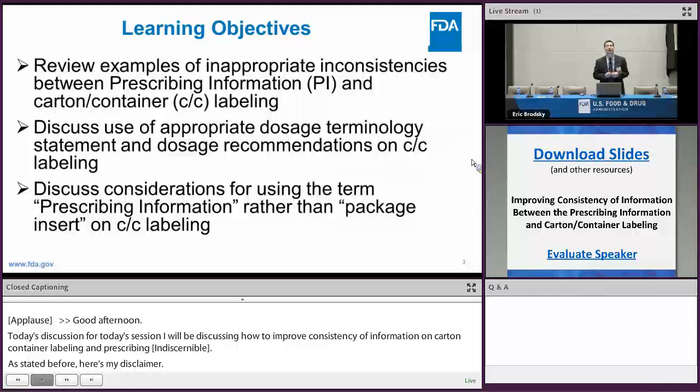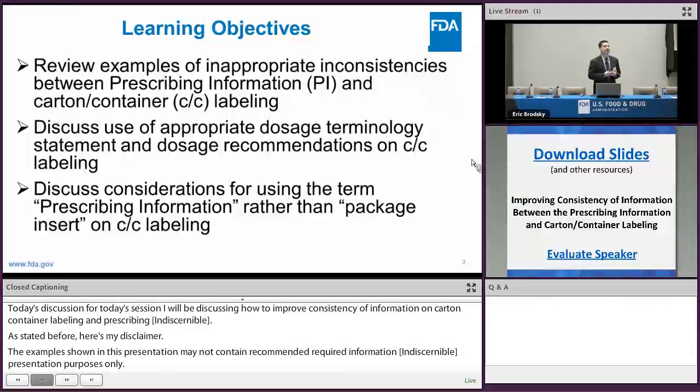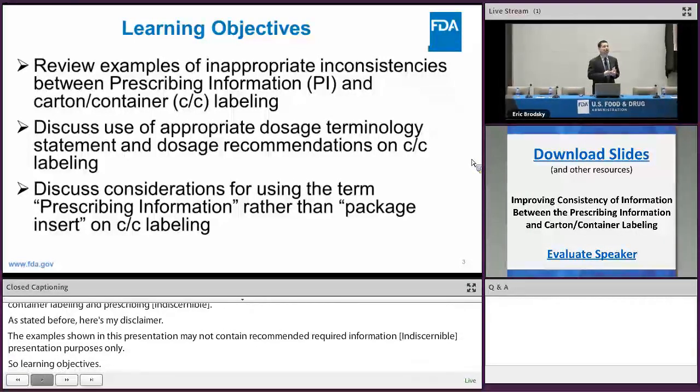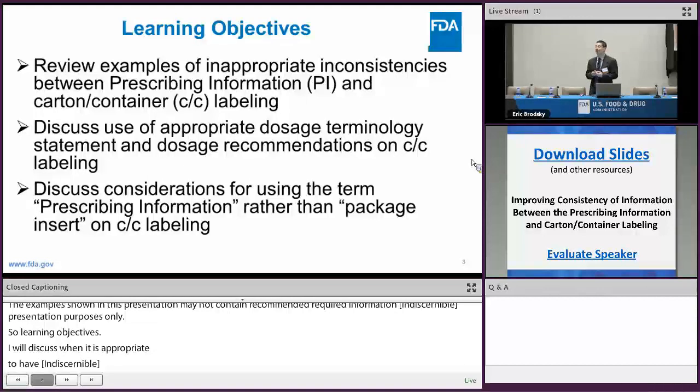So, learning objectives. I will discuss when it's appropriate to have an inconsistency between information on the carton and container labeling and the prescribing information. I will also discuss when it's potentially inappropriate to have inconsistency between the carton container labeling and the prescribing information.